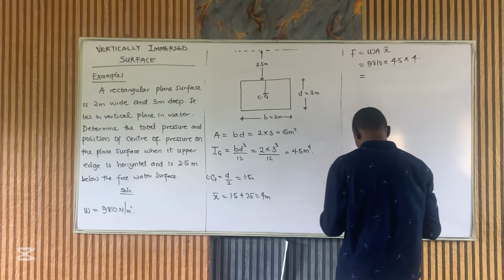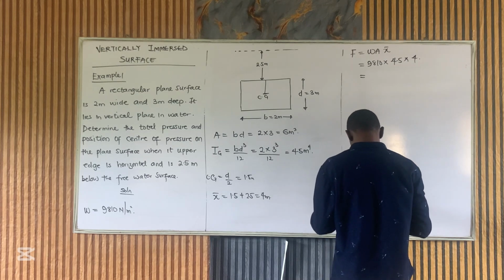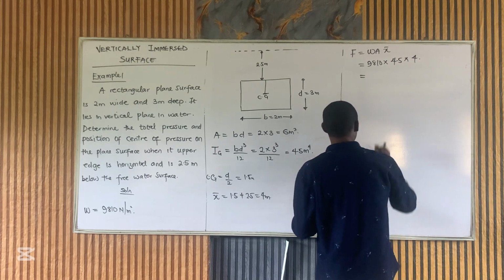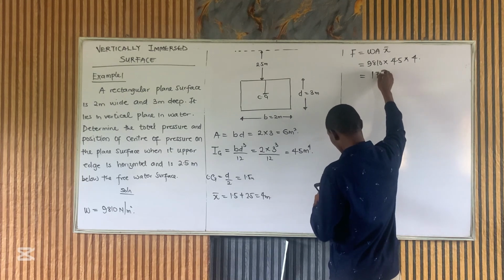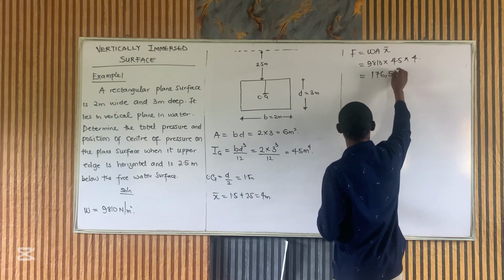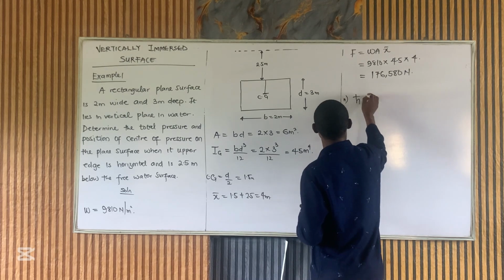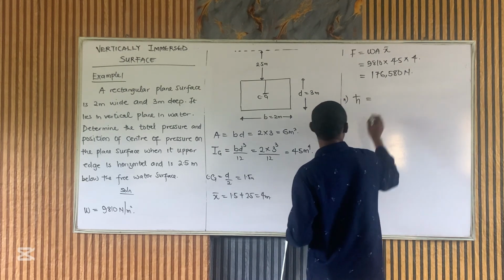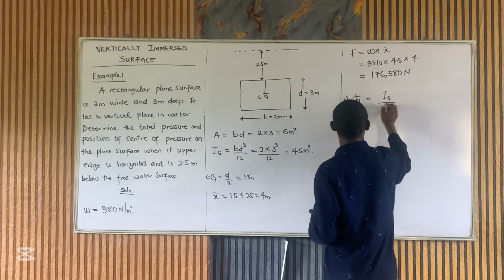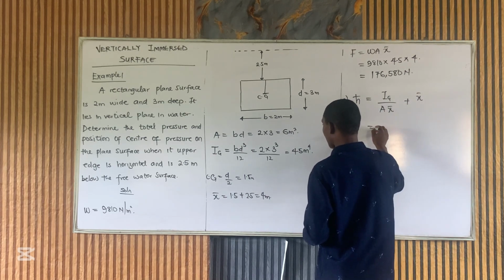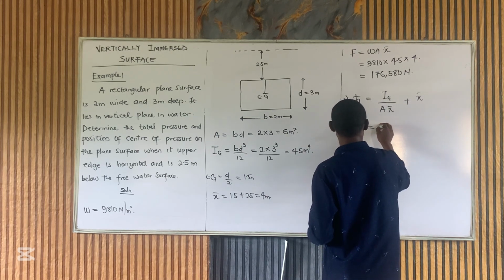So that will give us 9810 multiplied by 4.5 times 4, 176,580 Newton. Now the next thing is position of center of pressure. That's simply giving us moment of inertia over area times x bar plus x bar. And that will be moment of inertia 4.5.